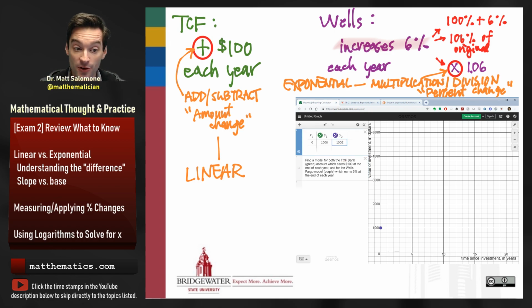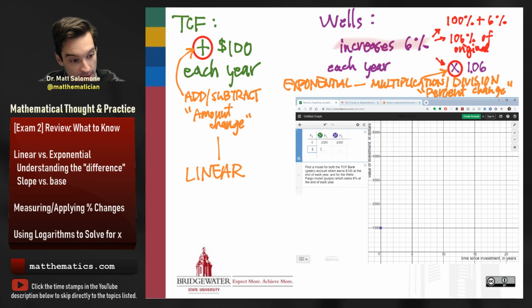So let's start with the Wells Fargo account. This is the one that's going to be shown in green. And let's think about how much money is going to be in that account at the end of the first year. So this account, sorry, not Wells Fargo, TCF, the green account, right, which is changing by an addition of $100 every year. So we already know for the TCF account what the amount of the change is going to be year over year.